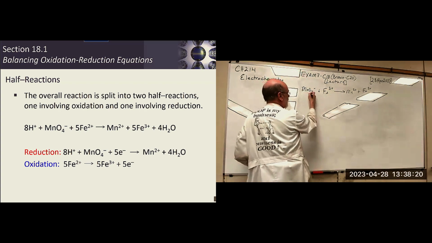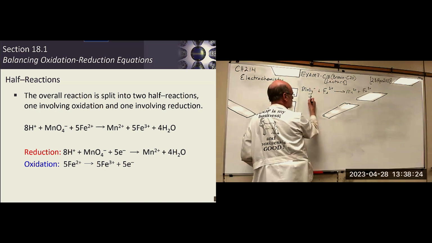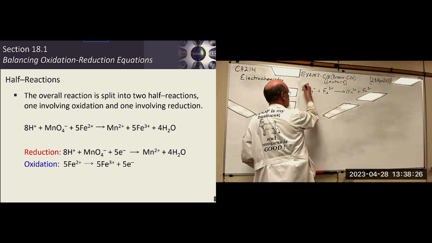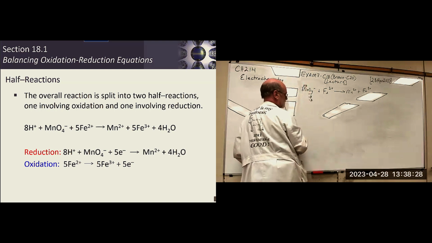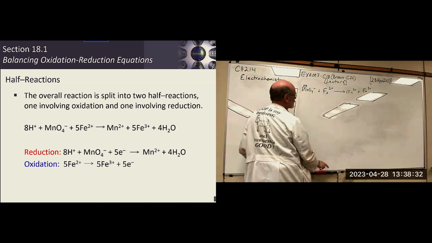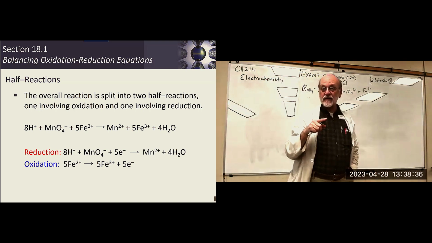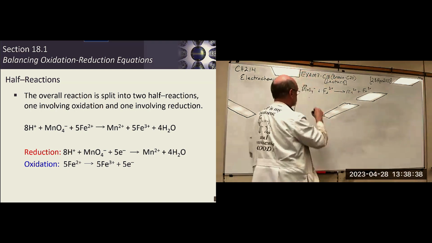This one, we have a -2 times 4 is -8. We need to hold one out, right? And that will make this a +7. Okay? So what's happening to the manganese? The manganese is gaining electrons. It is being reduced.